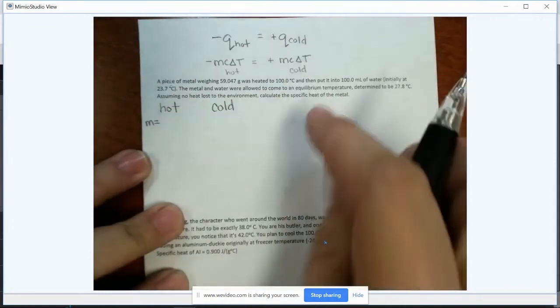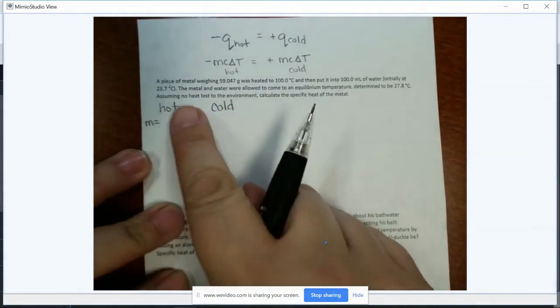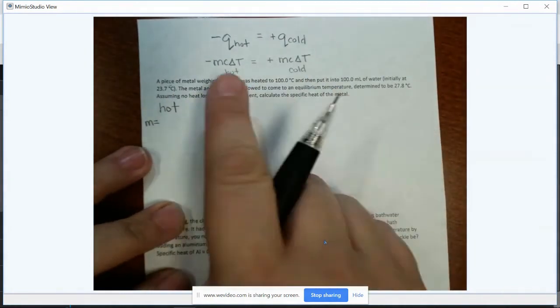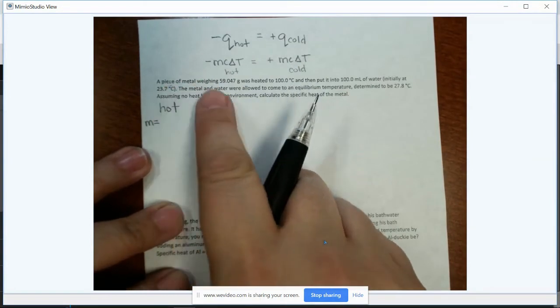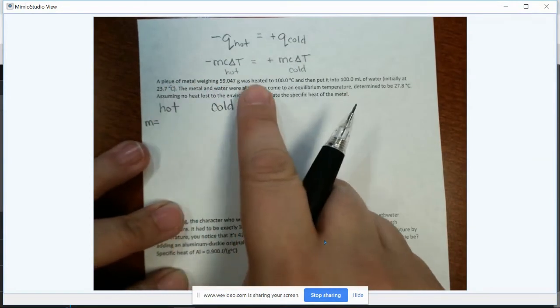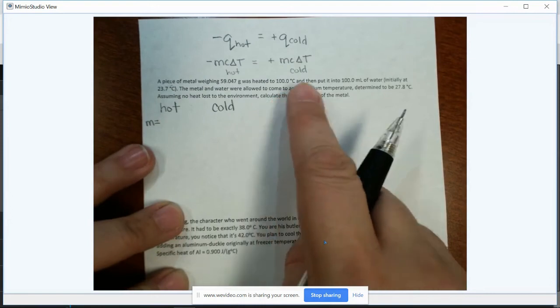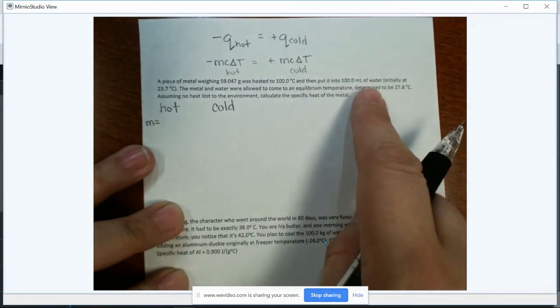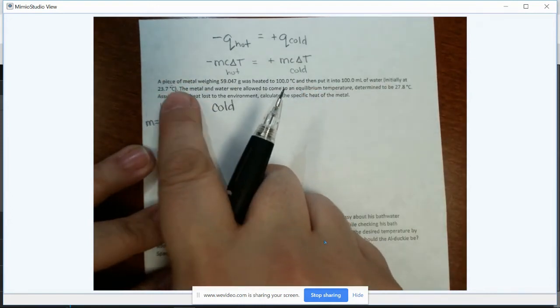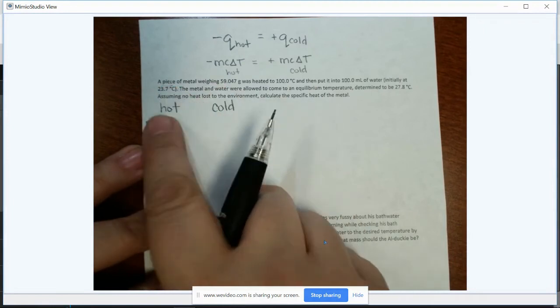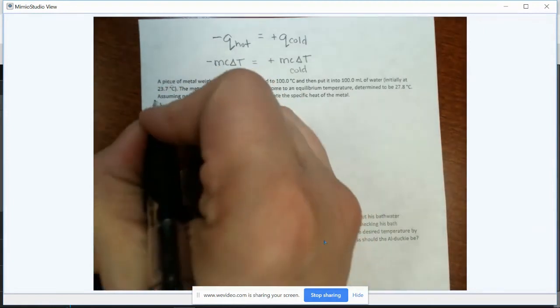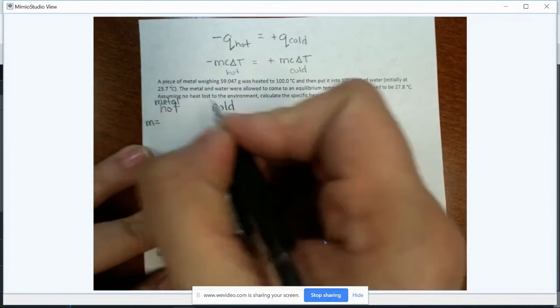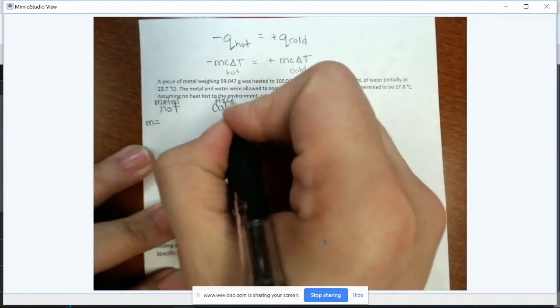So picking apart this question, I've got to figure out what is hot and what is cold. When you read through this, a piece of metal weighing 59.047 grams was heated to 100 degrees Celsius and then put into 100 milliliters of water, initially at 23.7 degrees Celsius. That first statement lets me know that my hot stuff is the metal. The metal is starting out hotter than the water.